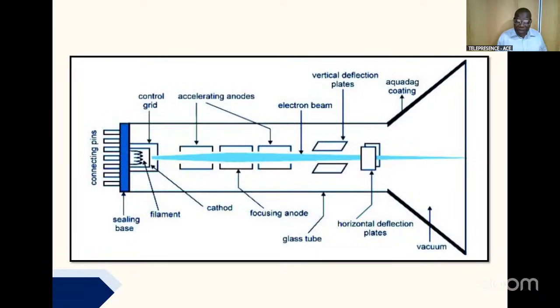It's important you know how to fill the diagram. At the base, the lower part is the sealing base, the filament, the cathode, the focus anode, the glass tube, and horizontal deflection plate, and the vacuum. This is the monitor that is being used.